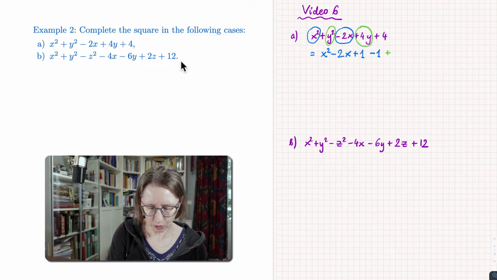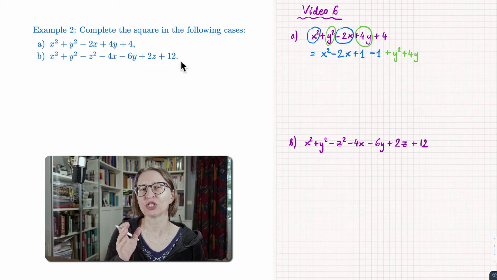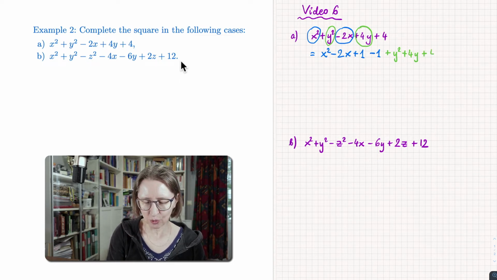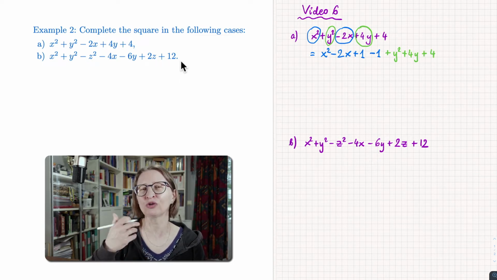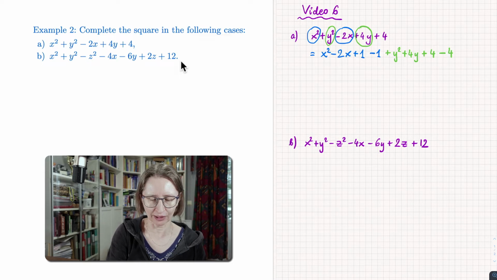So I write y squared plus 4y, and now you see we have 4y, which is 2 times 2y. So this second term must be 2. So I have to add 2 squared, which is 4, in order to complete this square. And of course, to be good, I have to subtract this 4 at once.